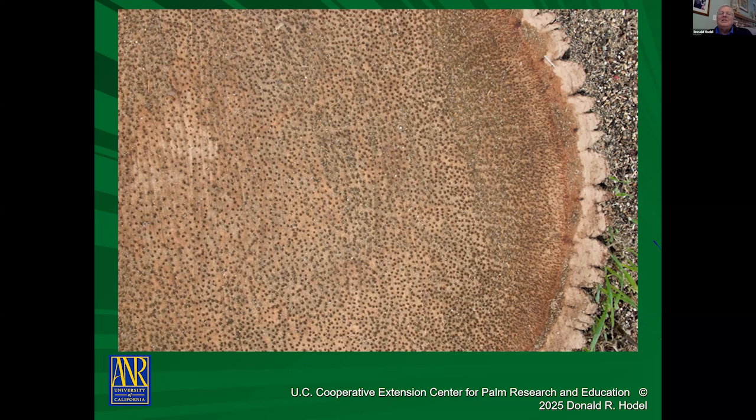And embedded in that tissue are the individual vascular bundles, each containing phloem and xylem. And those are those little black circles that you see. And notice that they become denser toward the perimeter of the palm trunk. And that again, that's an adaptation for maximum strength.